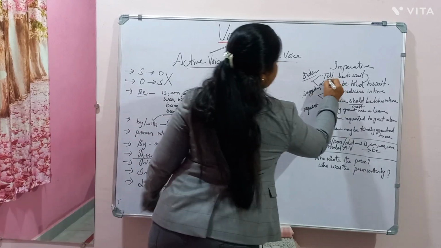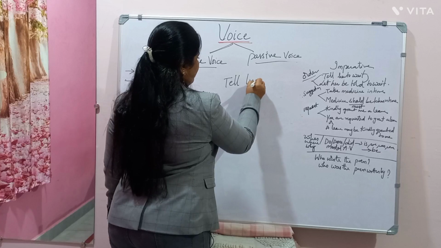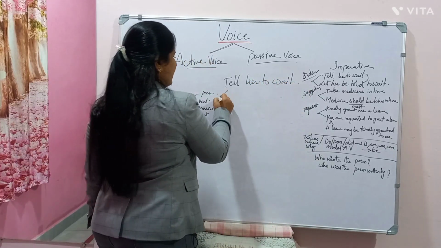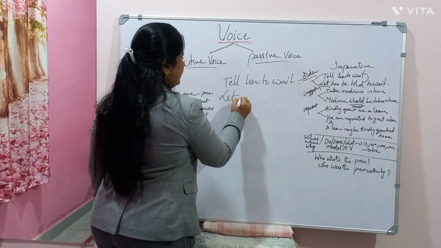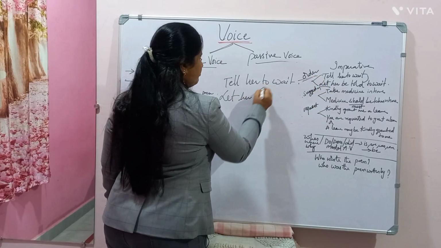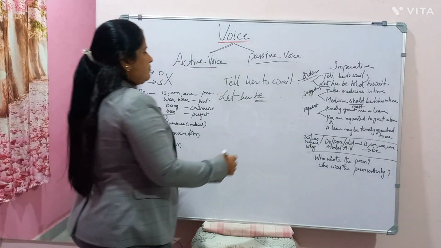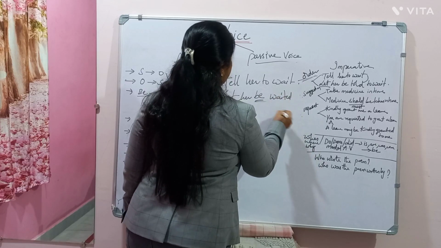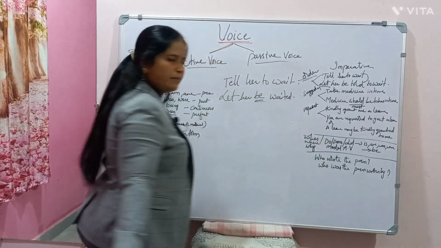Here I have taken "Tell her to wait." For orders we have to start with let. Let her be. What be form is needed? Be itself. Let her be waited. Verb 3 is common everywhere. So, tell her to wait. Let her be waited.